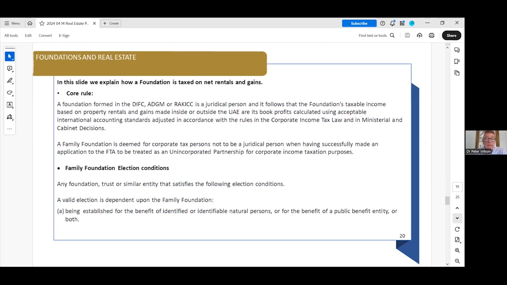And potentially it would mean that if they're not exempt, they would each get the 1 million turnover test, and potentially up until December 2026, they might get the small business relief as well. So foundations are an interesting structure.